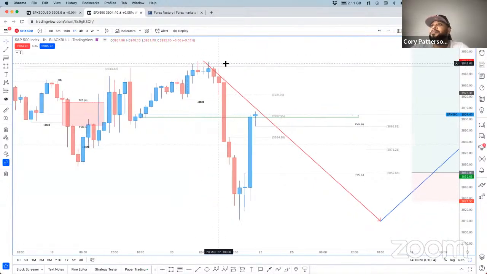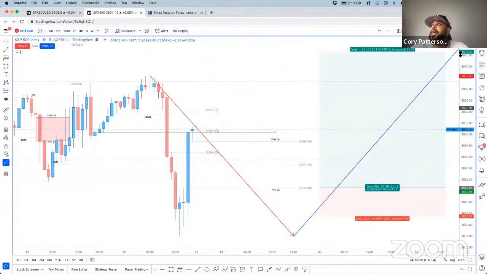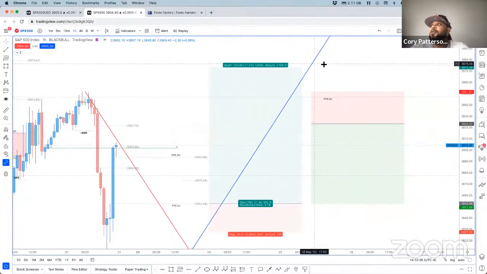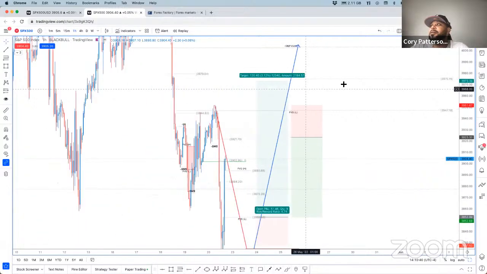But if it comes and gets these highs, in the back of my head I'm thinking it wants to go to 39.74, because that's the middle of the daily imbalance right around here. And you can even see on the 1 hour, there's an order block right there, right near the daily.